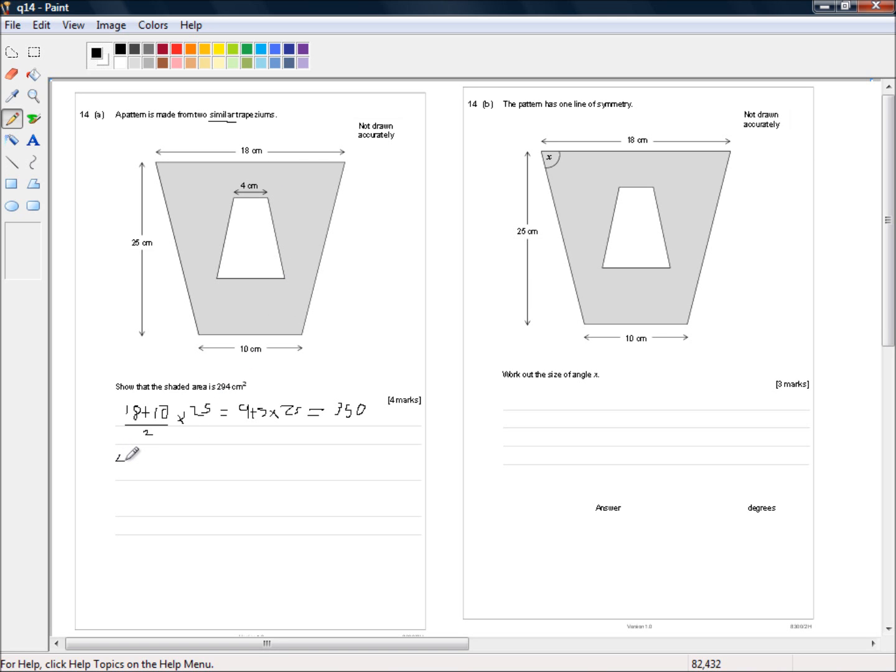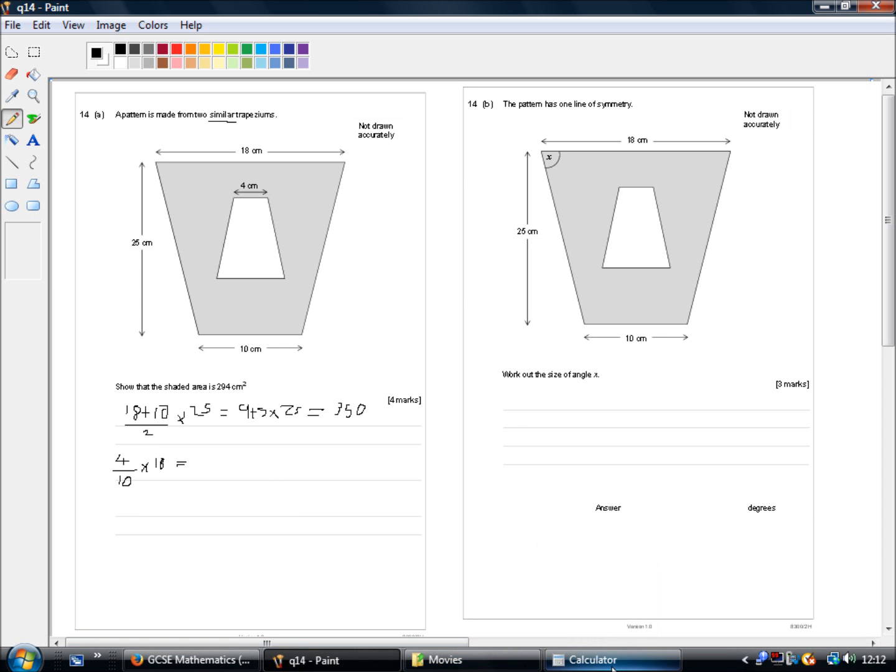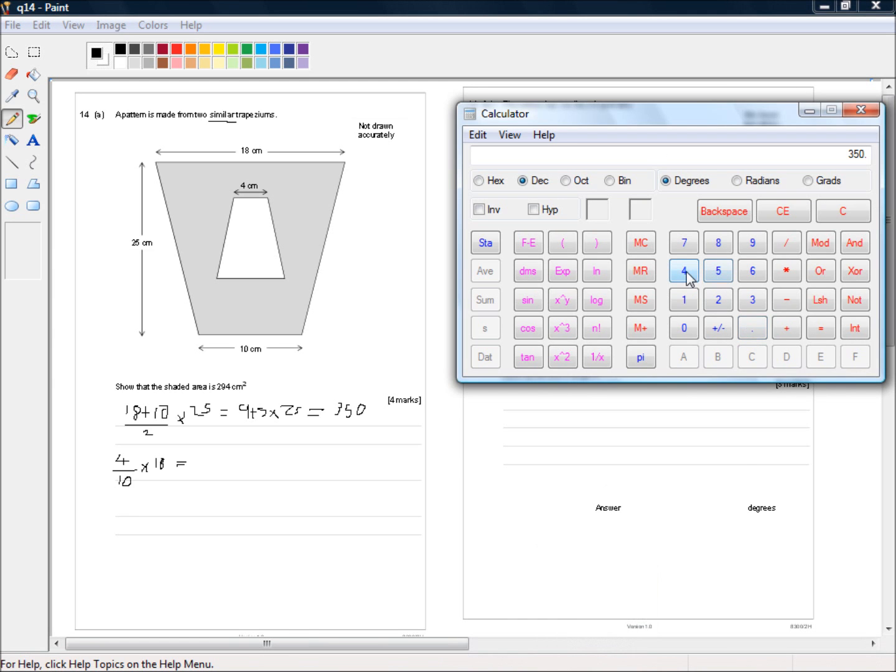So if I write this down here, 4 over 10 times 18 is equal to, so that's 0.4 times 18, 7.2.